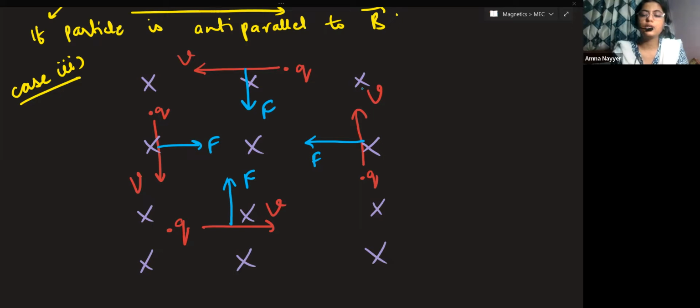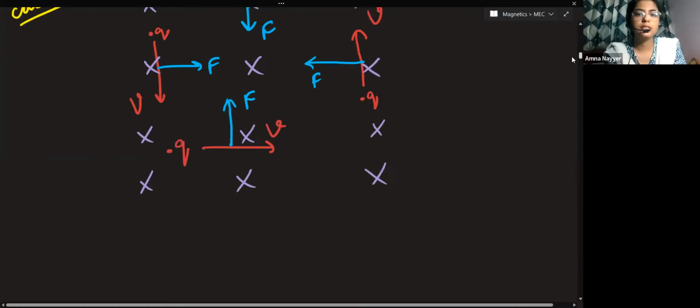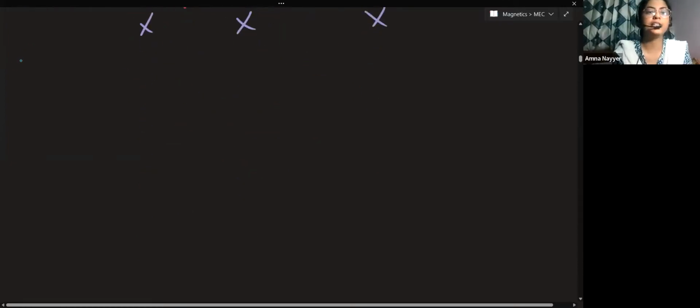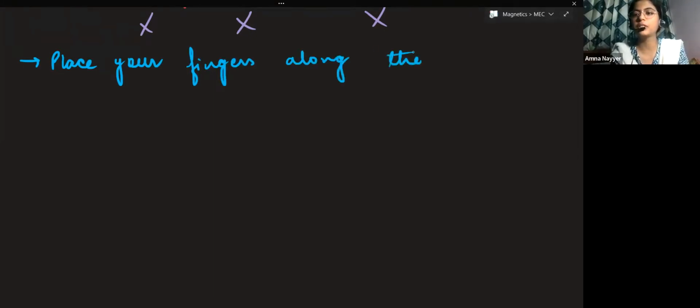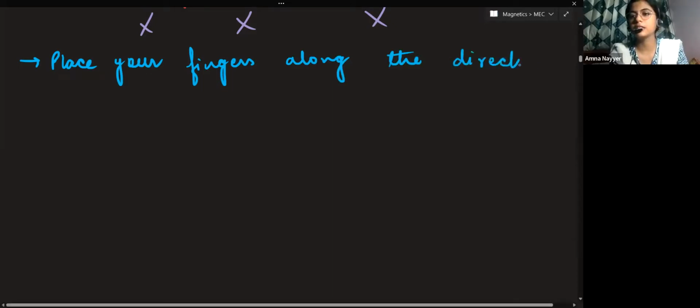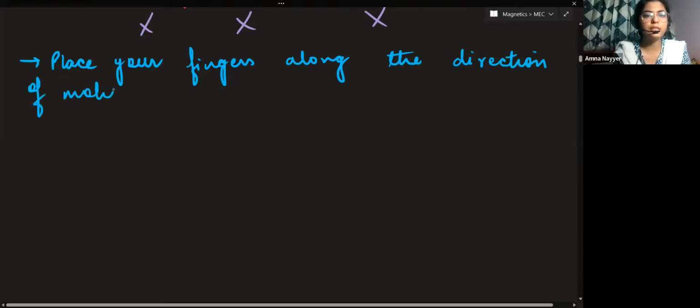Fine. So if you look carefully, now the third case is actually what? Why did we learn this? Firstly, let me write the rules for direction. You have to place your fingers along the direction of motion.